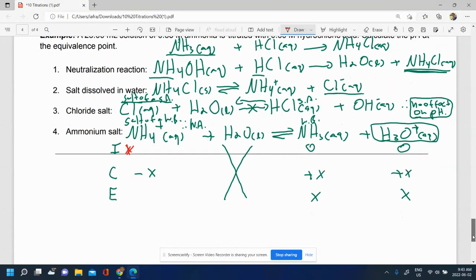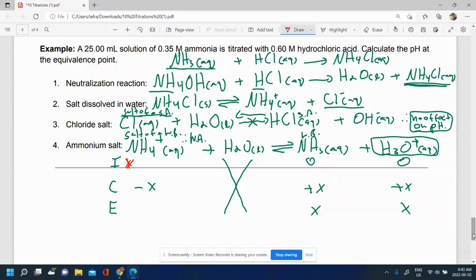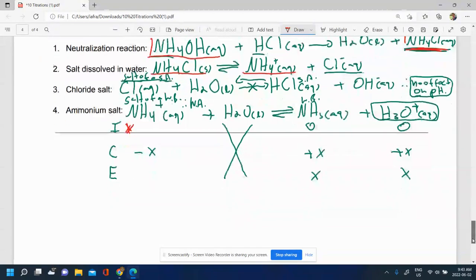So we'll start off with using our ammonia or ammonium hydroxide to figure out how much of the NH4Cl we have. We'll just find the number of moles of this. It's in a 1-to-1 ratio with this, so we'll find the number of moles of that. And then once we have the moles of this, we can find the moles of this. That's pretty straightforward. So let's go do that here.